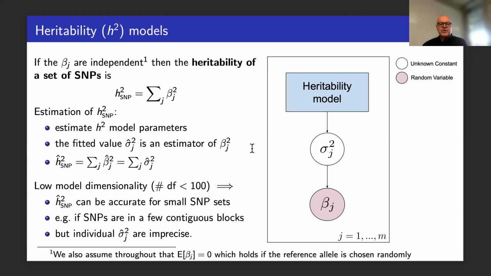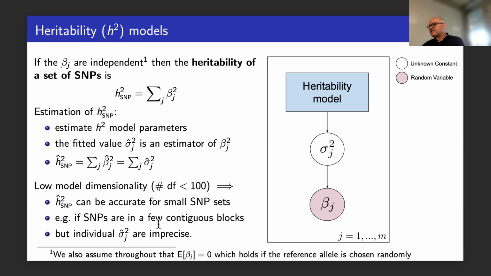Then we get the fitted values for the variance term, which is the expectation of the beta squared term. In other words, it's just a mean model if you think you're modeling beta squared rather than betas. And then you can add up over a set of SNPs. And here's another really important thing that we haven't explored in great detail yet.